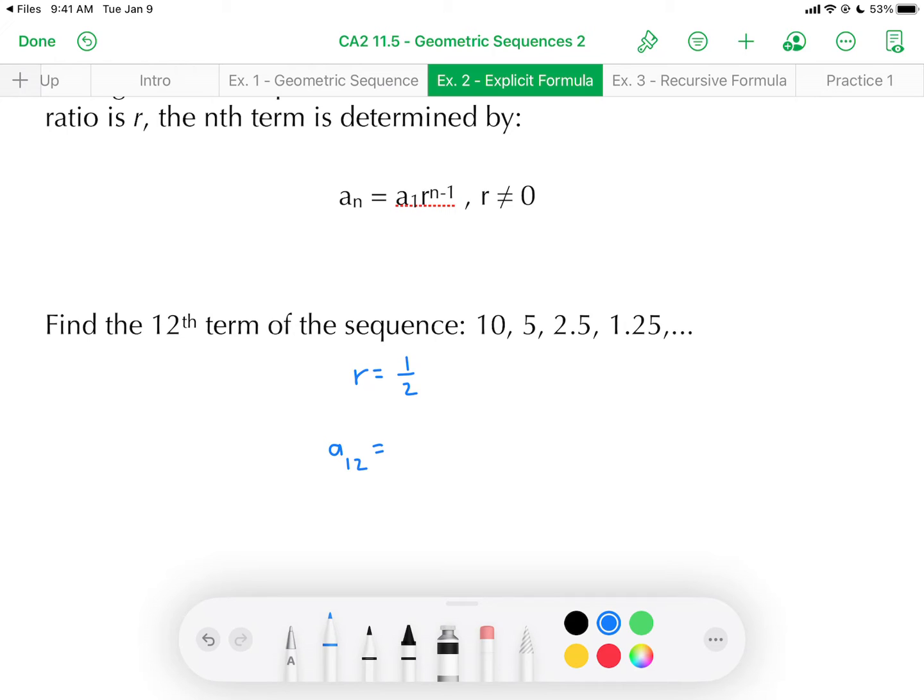That's going to equal my first term of 10 multiplied by 1/2 to the power of 12 minus 1, or 10 times 1/2 to the 11th power.